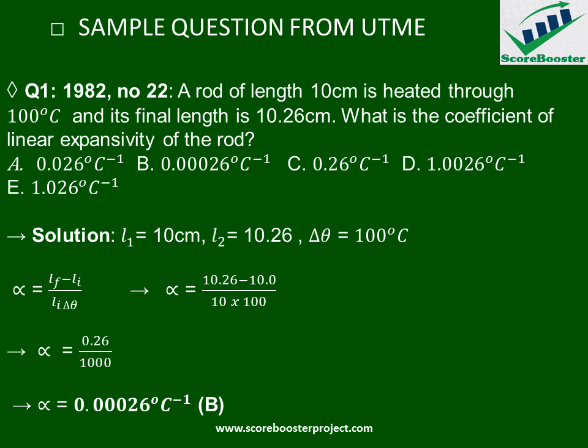So 10.26 minus 10 gives us 0.26, divided by 10 times 100, which gives us 1000, making our answer 0.00026 per degree Celsius, which is option B, making option B the correct answer.